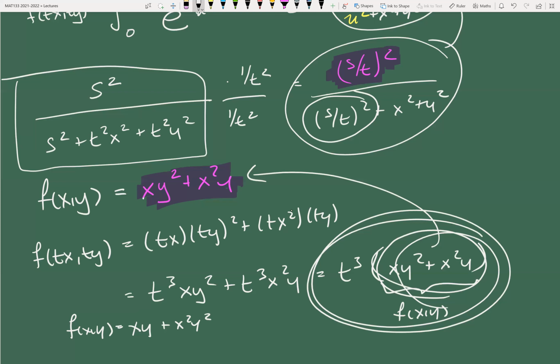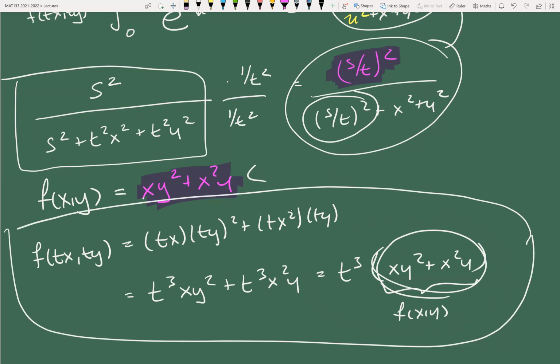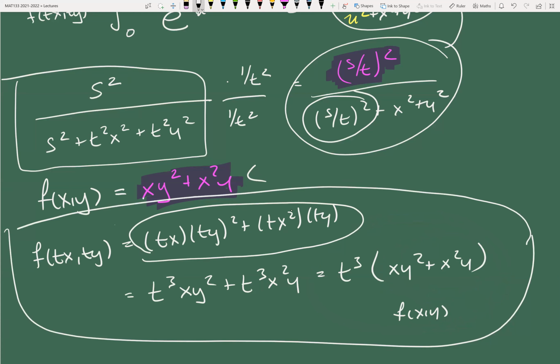Yeah, Brandon. So, okay, Brandon, look at what we did originally. Look at this example right here. So what did I do? I put the t's in, right? And then I tried to take all the t's out. So you put the t's in, you try to take them all out and just be left with your original function.